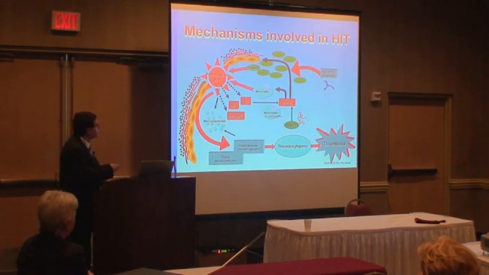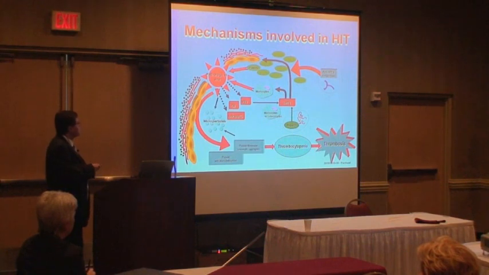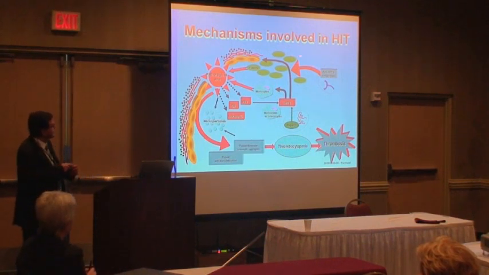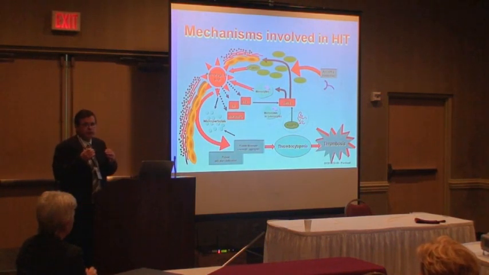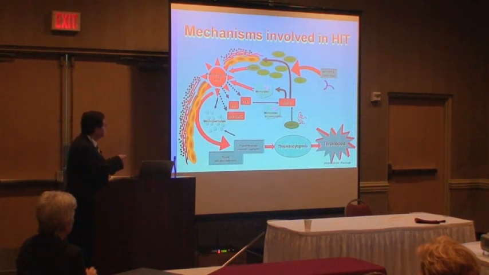So what is important to remember from this mechanism is that pathological sites contribute to the pathogenicity of HIT antibodies, because the risk of generation of PF4 and heparin complexes is higher at these pathological sites.